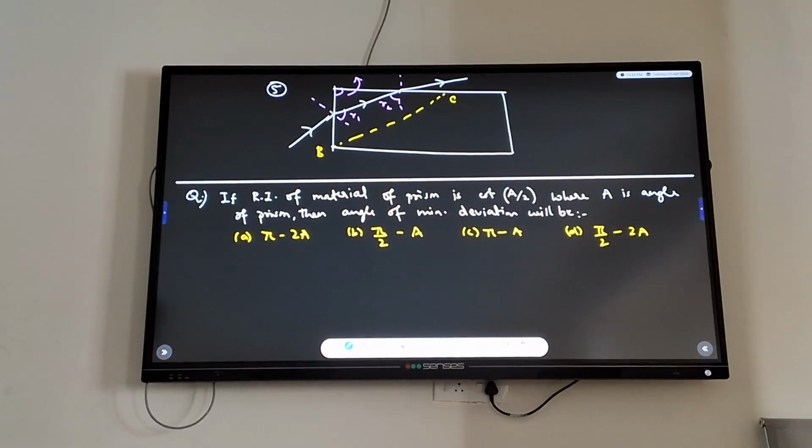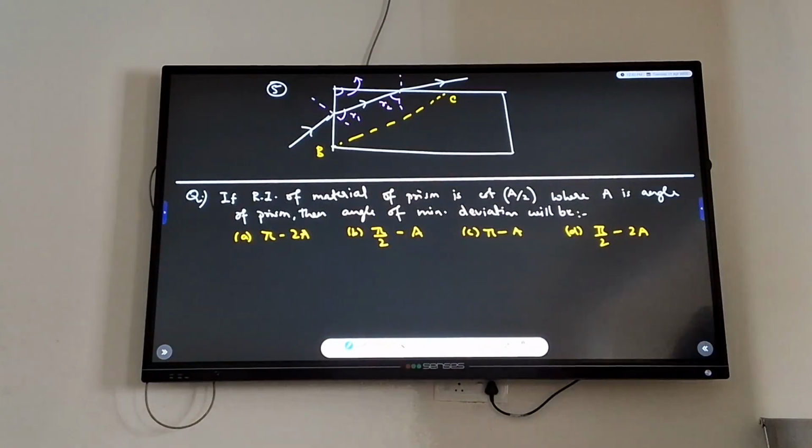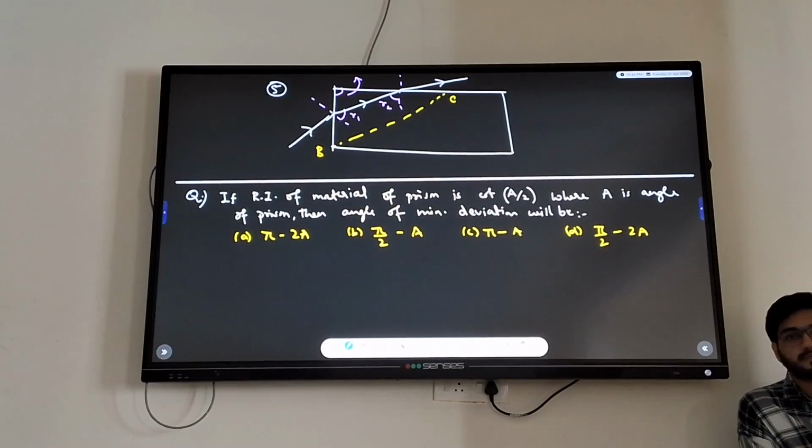Option C is incorrect. Anybody else? Still 1 minute left. A is correct.